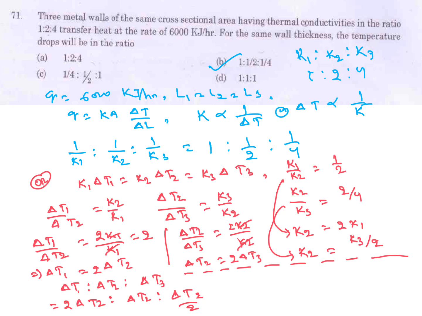This one will get 2 into 1 into 1 by 2. So divide by 2, we'll get 1 into 1 by 2, 1 by 4. B is the answer. Same answer we get. Choice is yours, which one you can take.